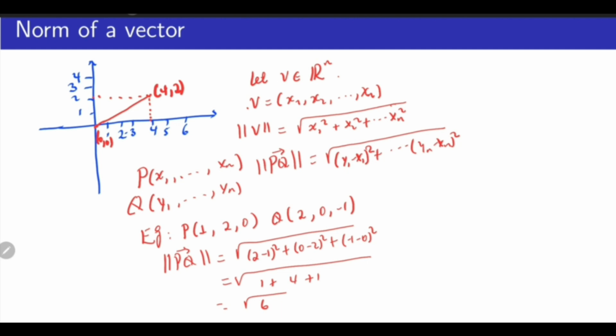So geometrically, the norm is the hypotenuse of a right angle triangle formed by the vector's components. So this is why the formula looks like the Pythagorean theorem.